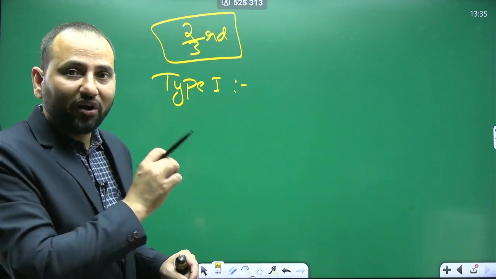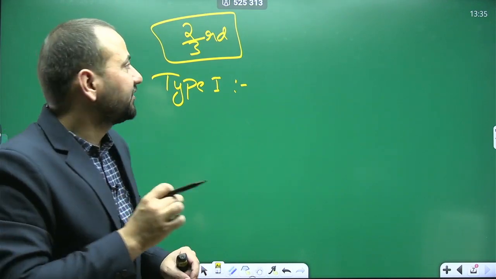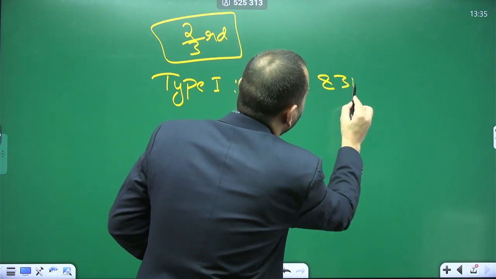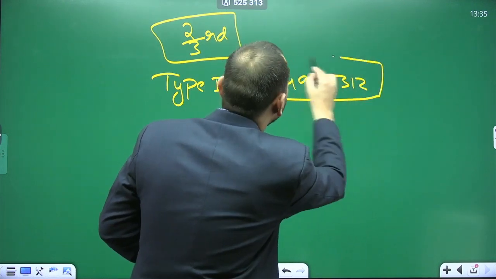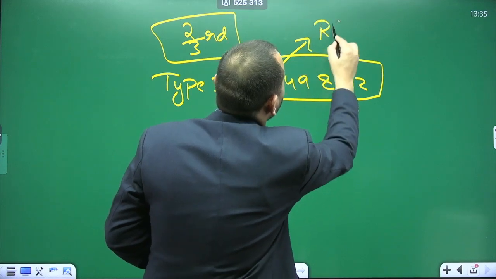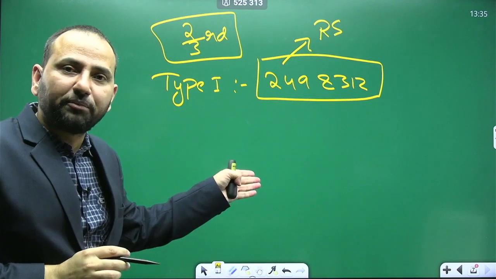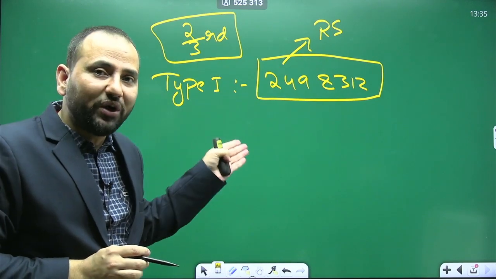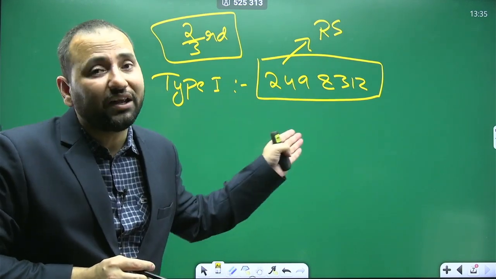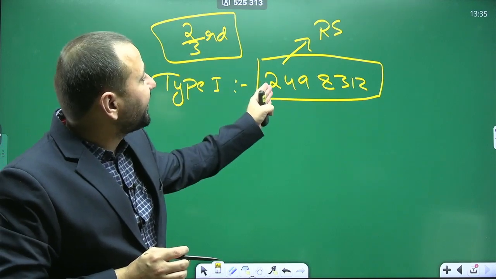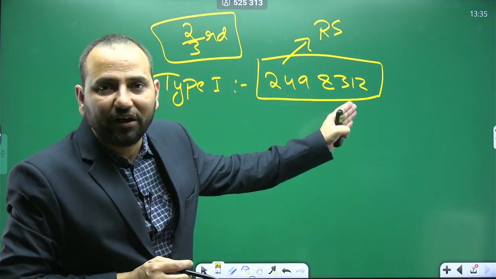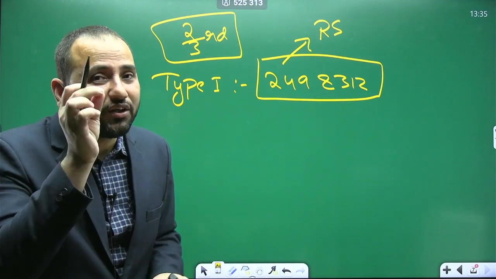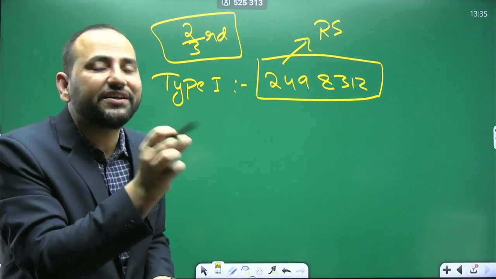So if you talk about this scenario, the examples are 249 and 312. If you see these two examples, these are special powers of Rajya Sabha. But I'm just explaining it from the point of view of Lok Sabha, so I am specifying it here also. So if you want to have this special majority type 1, which is used under Article 249 and Article 312, what we need to have? We need to have not less than 2/3 of the members present and voting in the house.